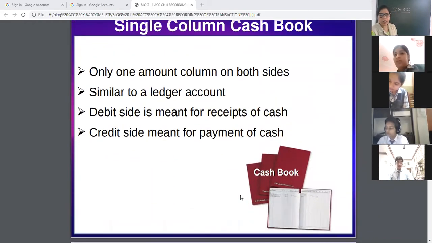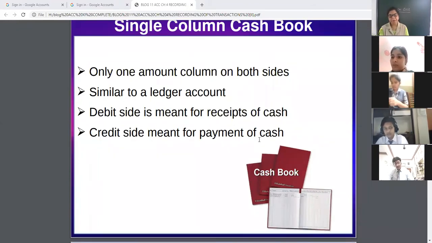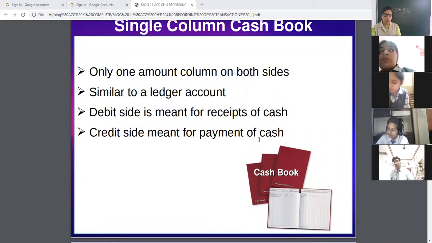Then our today's topic, single column cash book. Only one column of amount on both sides. Now note down, debit is for receipt, credit is for payment.